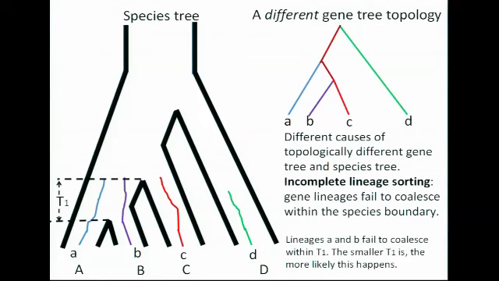As I said, this is really just pure chance. It just happened not to coalesce within time T1. Then when you trace further backwards in time, B and C coalesce first, and so this gives you different tree topologies. You can continue to trace backwards in time, and you get this different tree topology.